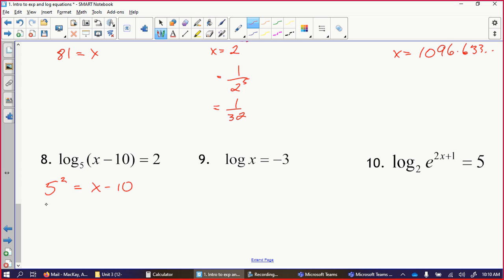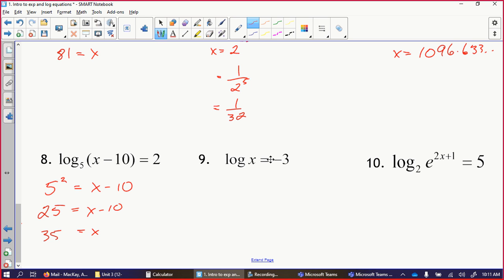Well, can I make 5 squared a number? 25 equals x minus 10. Add 10 to both sides, 35. Checking our answer, 35 minus 10 is 25. 5 to what power is 25? That would be 2.